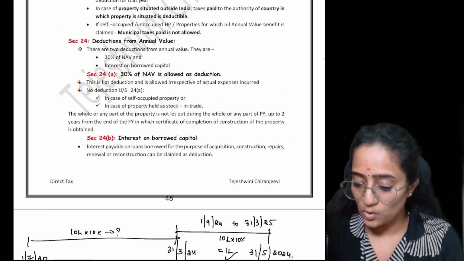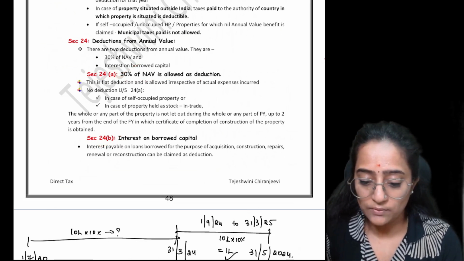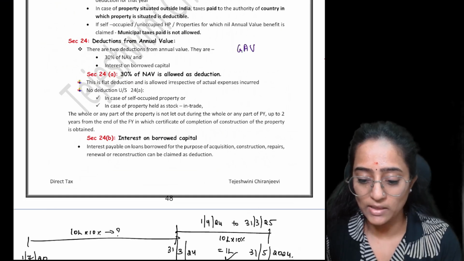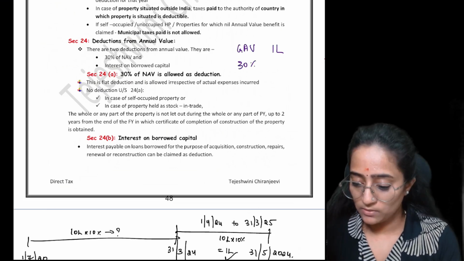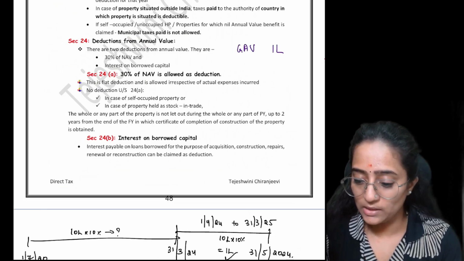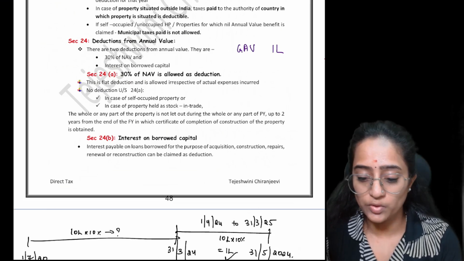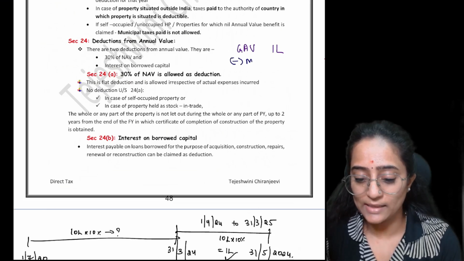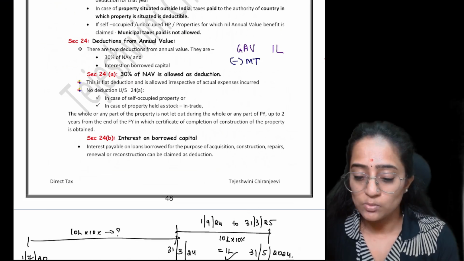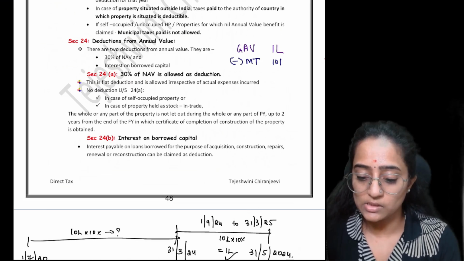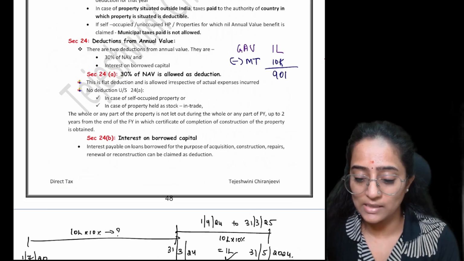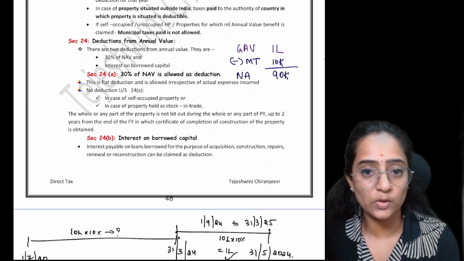Suppose you have the gross annual value of 1 lakh. One minute, I'll give you more clarity. As all of us know, you will also get municipal tax as a deduction here. Let's consider municipal taxes of 10,000, and the remaining 90,000 is the net annual value.